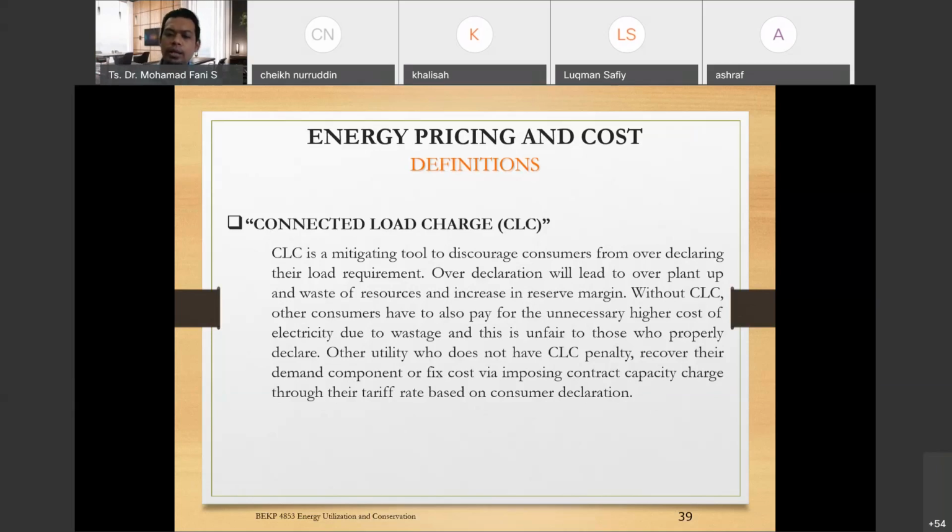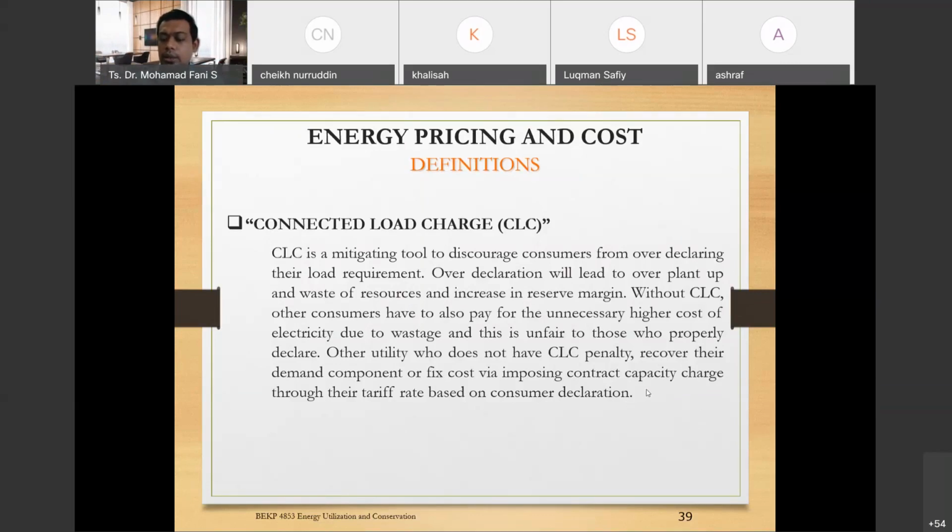After that, TNB will monitor this maximum demand. If they do not achieve a certain level, for example, 75% of the declared maximum demand, there is a charge from the TNB, the so-called connected load charge, CLC.